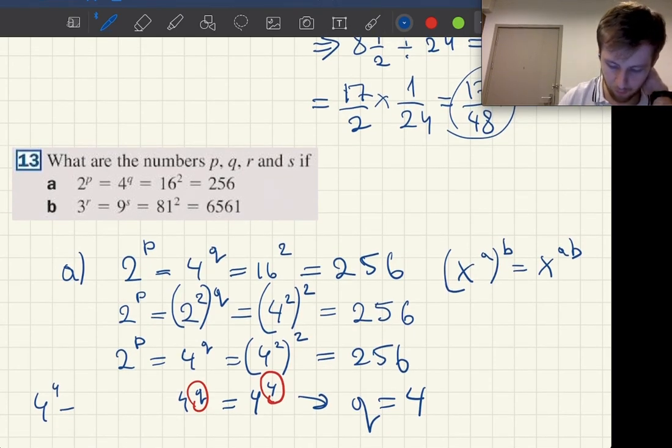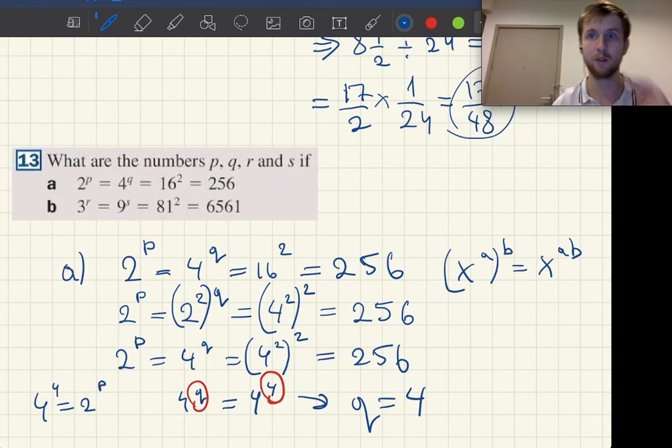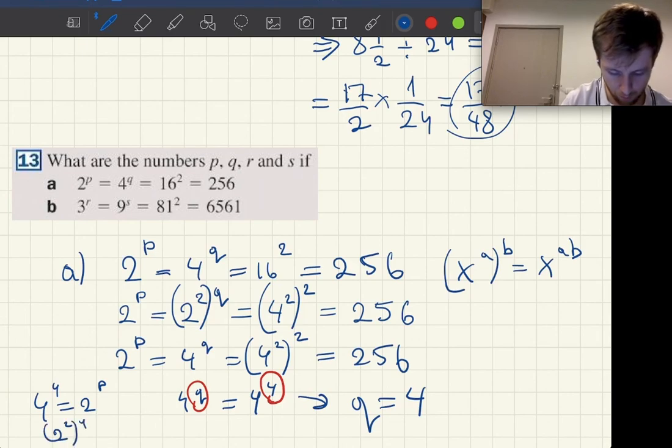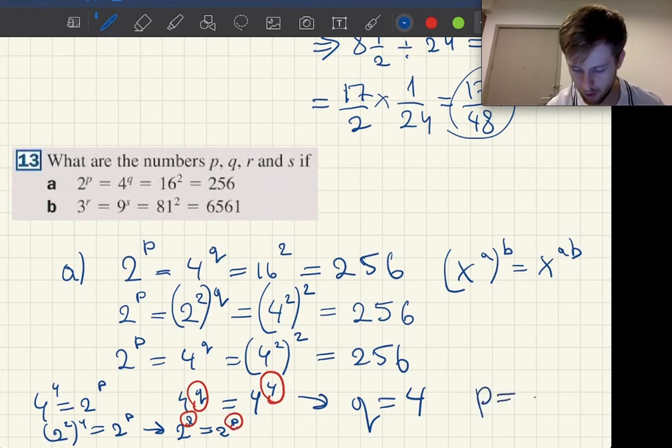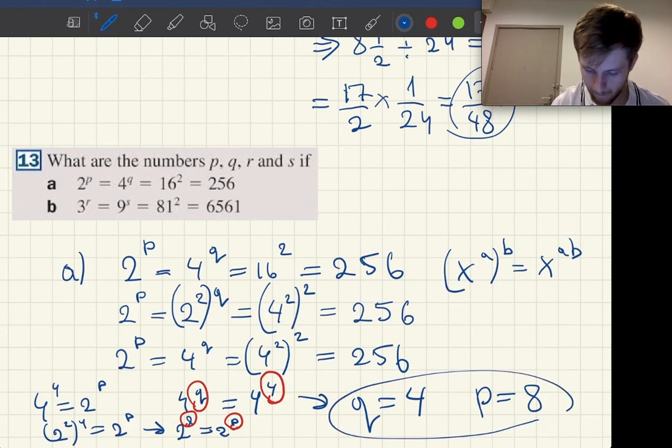So 4 to power 4 is equal to 2 to power P. Here what we have to do is 2 to power 2 to power 4 equals 2 to power P. And then we can write it as 2 to power 8 equals 2 to power P, then 8 is equal to P. So P again is equal to 8 in this question. Okay, so Q is 4 and P is 8.